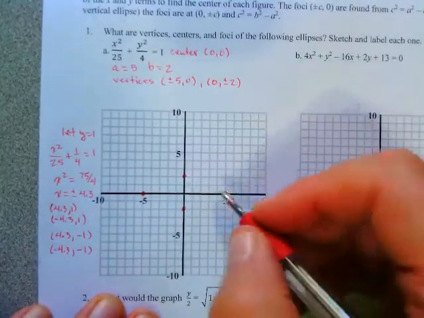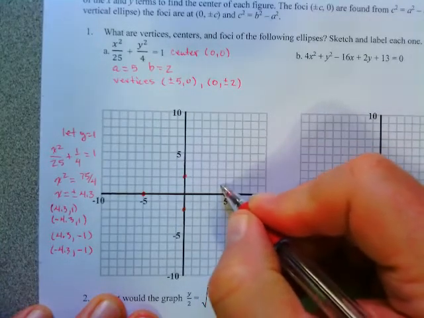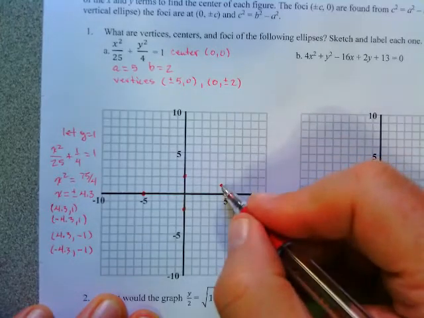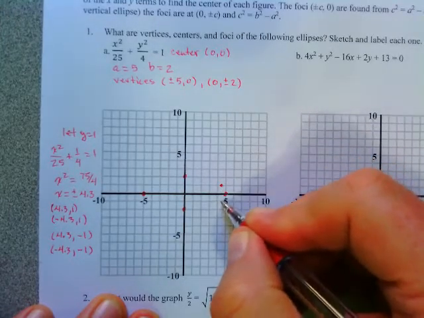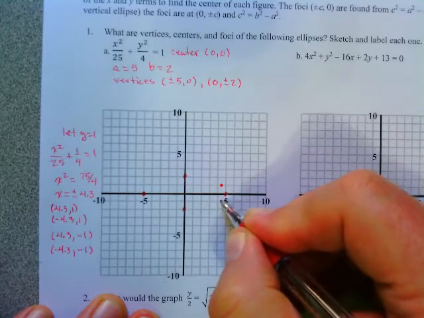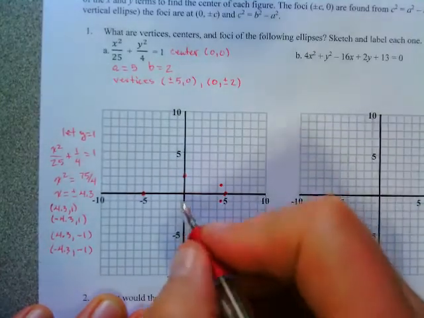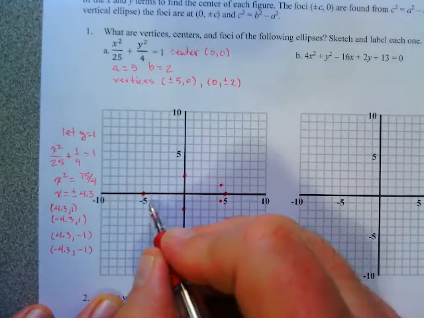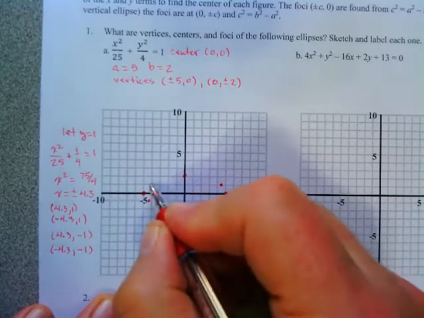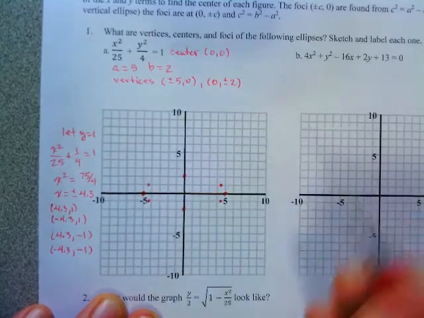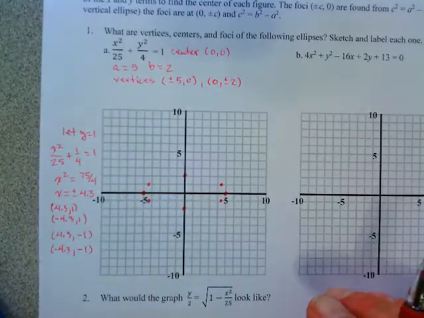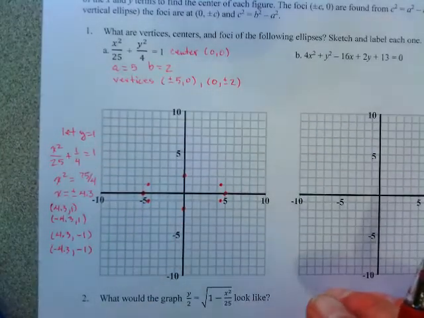We have 4.3, so about there, not quite halfway. And then we've got to go down as well. 4.3 and negative 1, so that'd be about there. And then we've got to go in the opposite direction, 1, 2, 3, 4, and again about 0.3. And so now I have my 8 points.